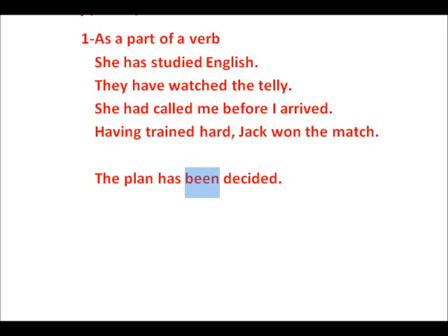So we can have verb to have before the past participle, and sometimes we can have verb to be. Another example, when I say something like the car is being fixed.